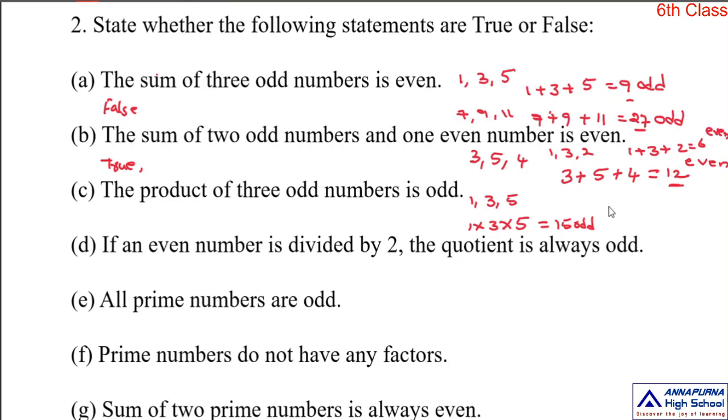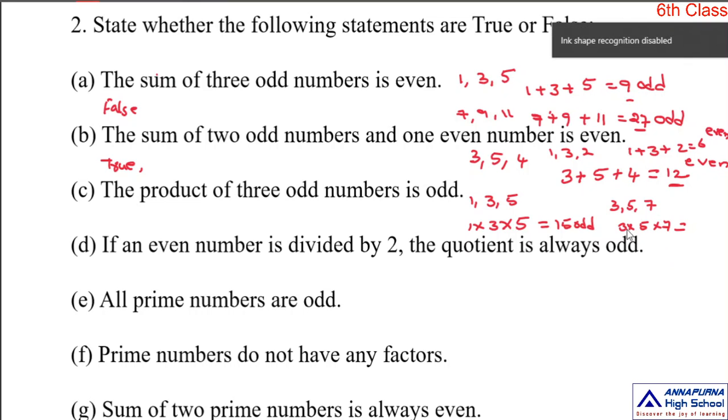We check another example. We take three odd numbers: 3, 5, 7. 3 into 5 into 7. 3 5s are 15. 15 7s are 105. 105 is also an odd number.